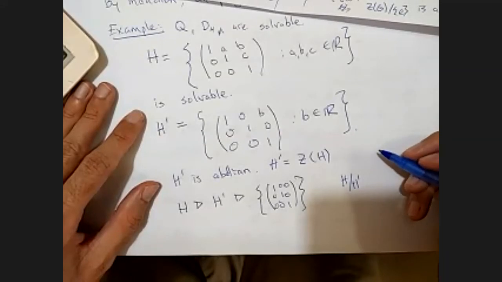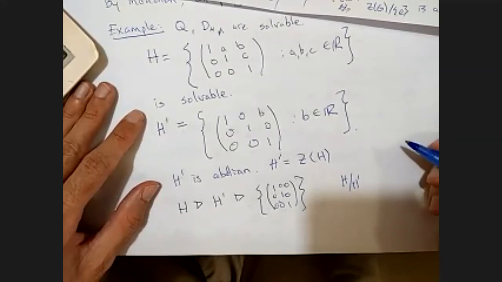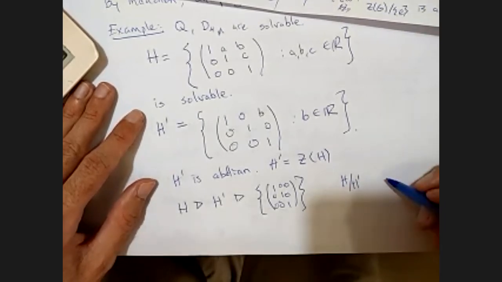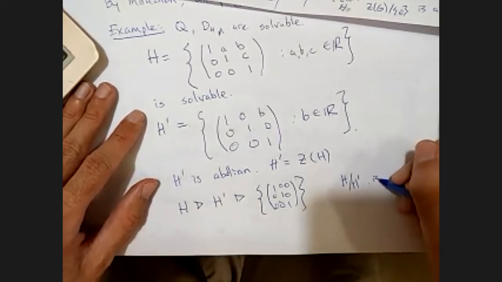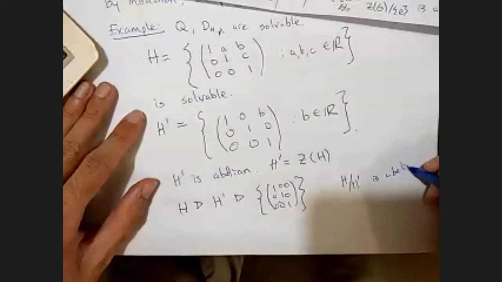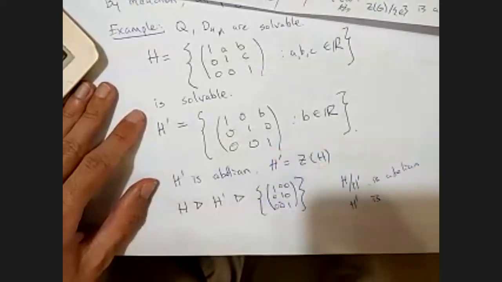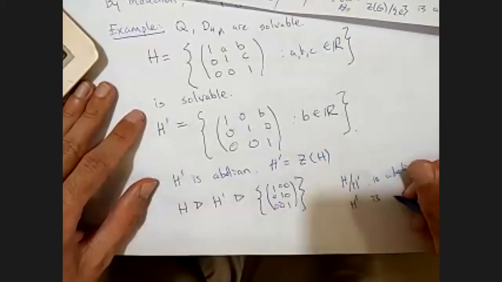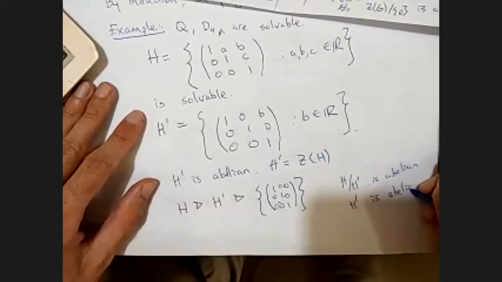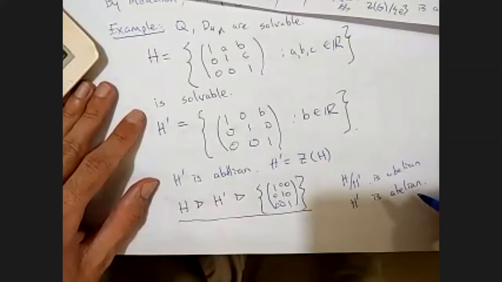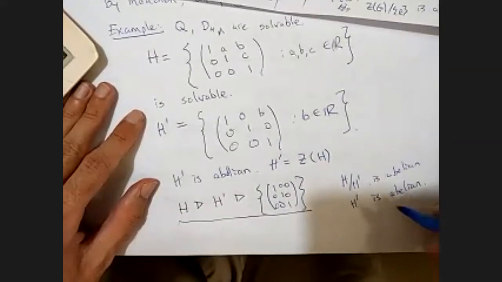If I take any group G, G mod the commutator of G is abelian. That's kind of the point of the commutator. H prime is also abelian in this specific case, not in general. So this gives me an abelian normal series for H, so H is solvable.